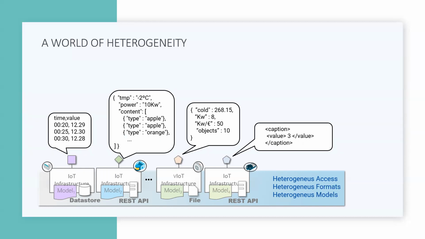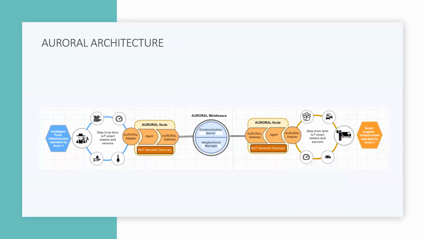For example, in Aurora, two partners may have different JSONs to represent the same information. What does Aurora offer? Aurora offers a semantic interoperability solution, and the challenges of heterogeneous data sources are solved. Data is exchanged transparently, and this is due to the semantic interoperability offered by Aurora.